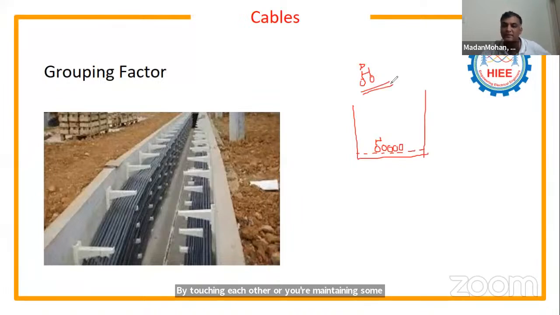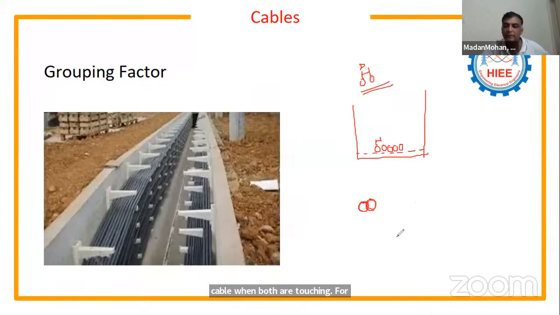It impacts the conductivity of the cable. For example, if two cables are touching each other, when current is flowing through the conductor, your cable will get heated up because of losses. This temperature will impact the adjacent cable when both are touching each other.